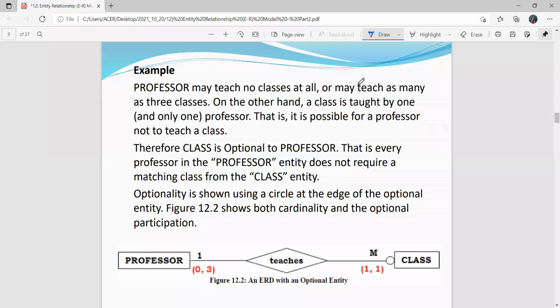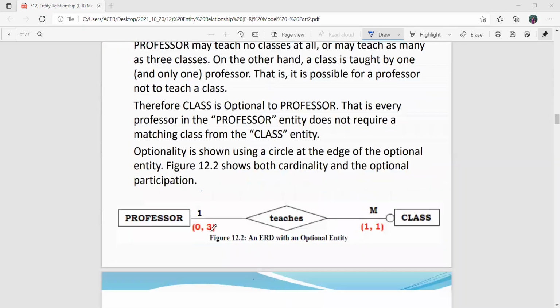Or a professor may teach many classes, that means maximum 3 classes. On the other hand, a class is taught by only one professor. So it is possible for a professor not to teach a class. So this is optional.